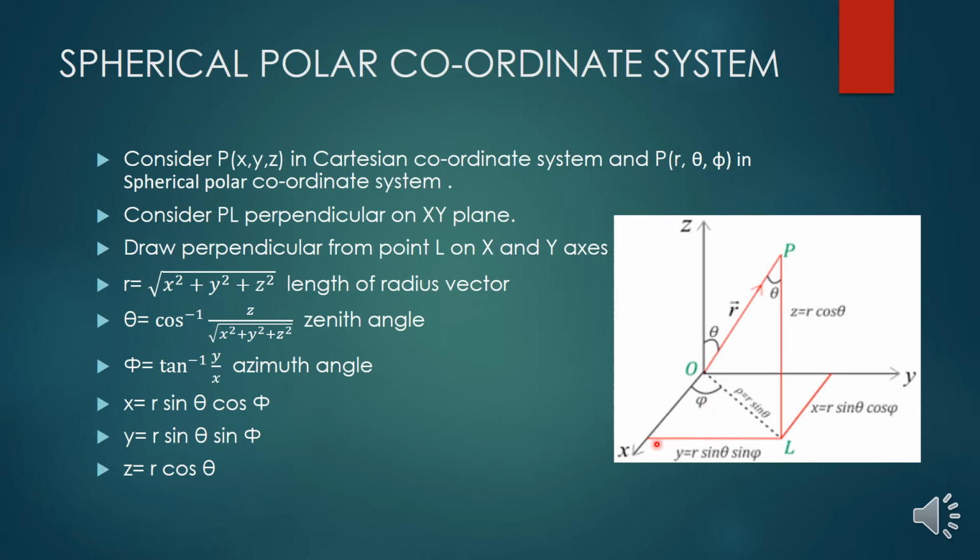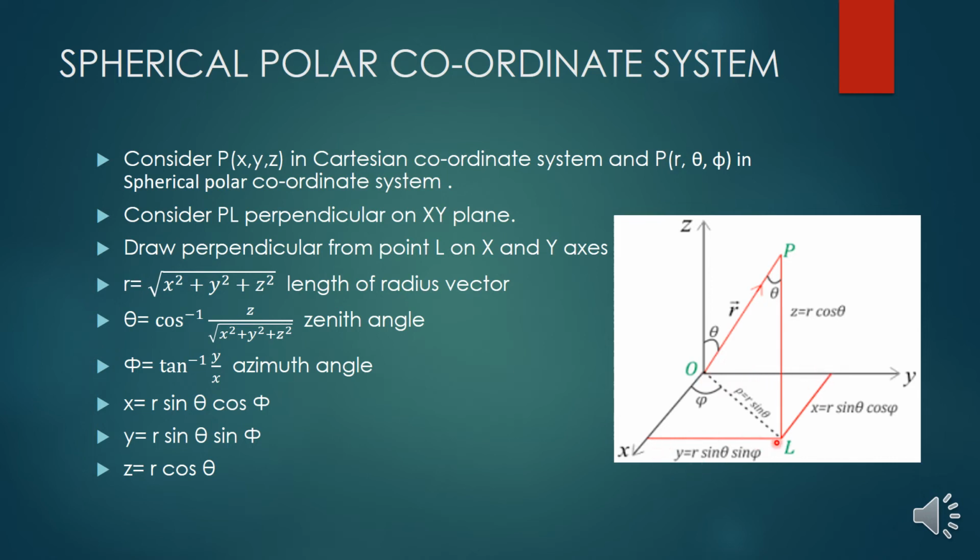And what is the length of this particular side? It is nothing but the y coordinate. Why? Because from L, if I draw a perpendicular on the y-axis, then the distance between O and this point is the y coordinate.